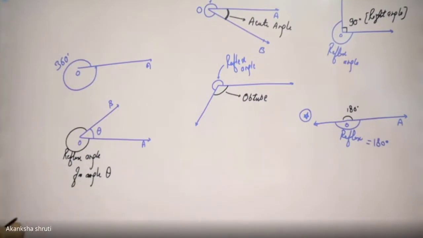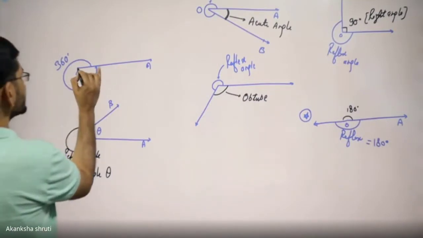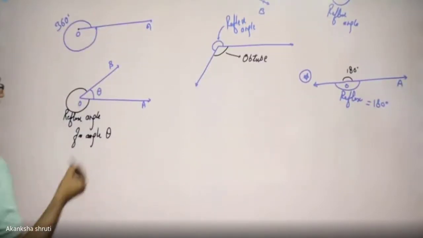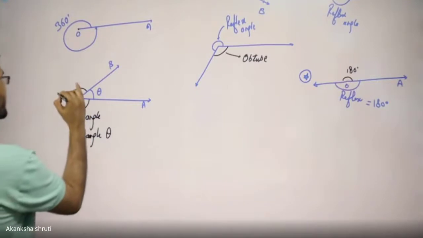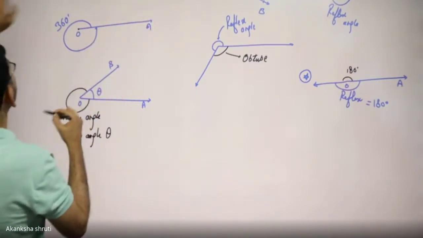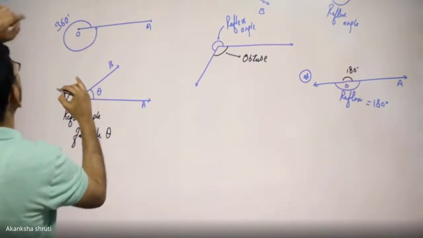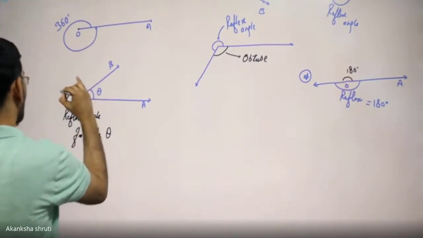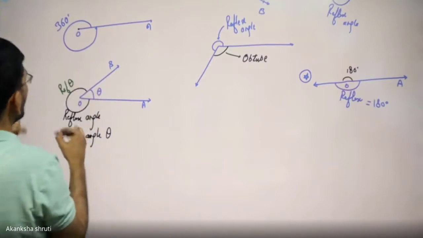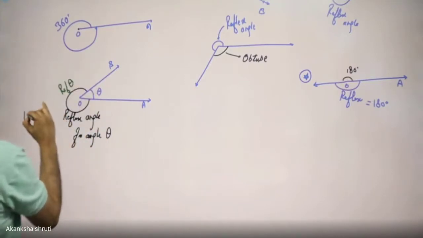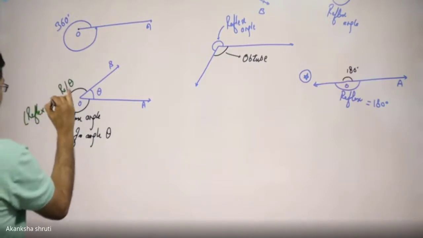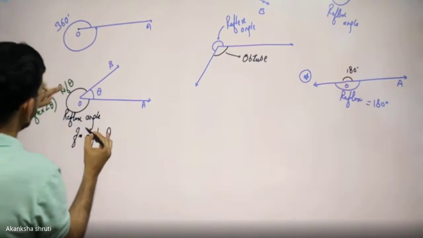Students, we know that at any point the complete angle is 360 degrees. So keep in mind, the reflex of angle theta is denoted by REF theta, or you may write this as the complete reflex angle theta, or in short we may write it like this.